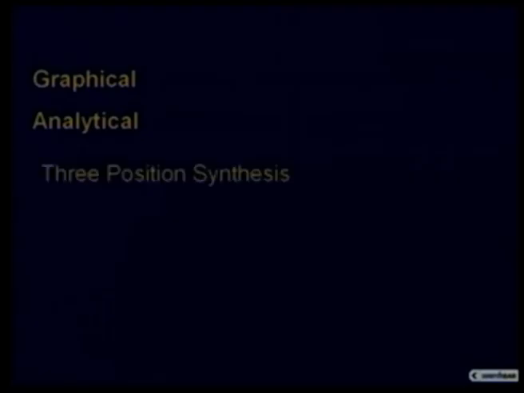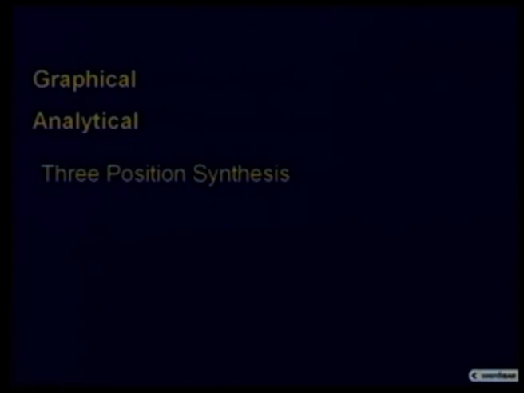For the dimensional synthesis of linkage, just like kinematic analysis, two methods are available, namely graphical and analytical. We will start our discussion with the graphical method. In the graphical method, we can start with three position synthesis.